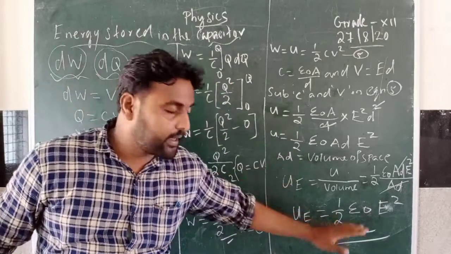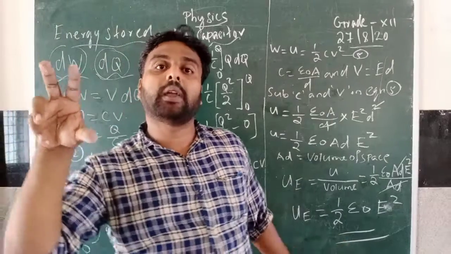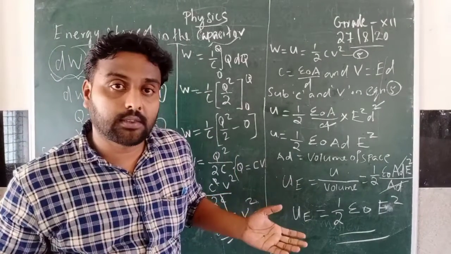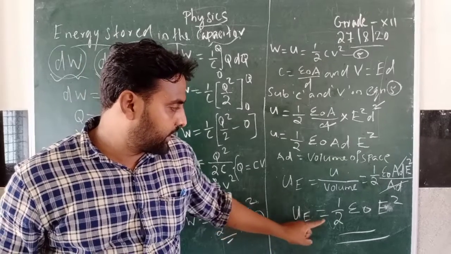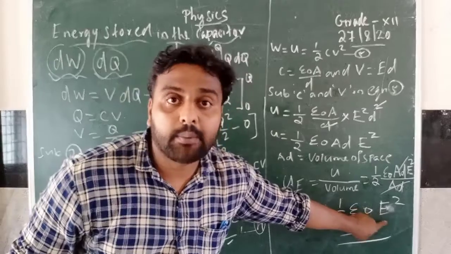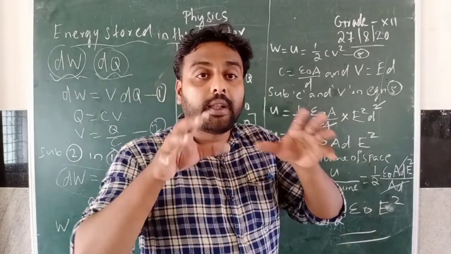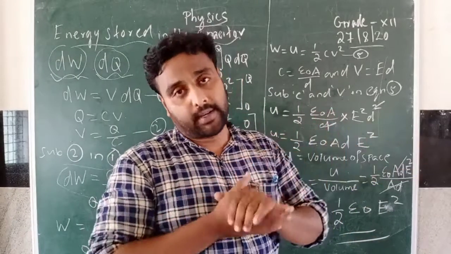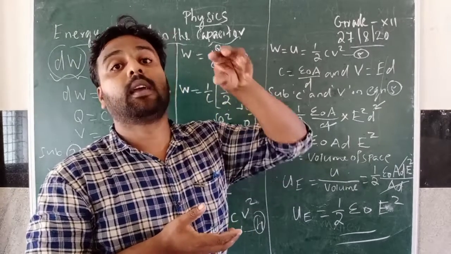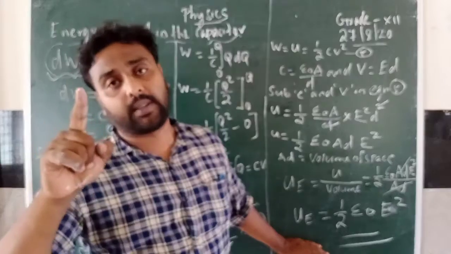So this equation is giving some inference, some evidence: where is energy stored? E means the electric field between the plates. So energy is stored in the existing electric field. This is the first inference.